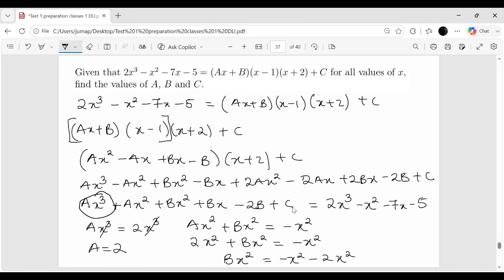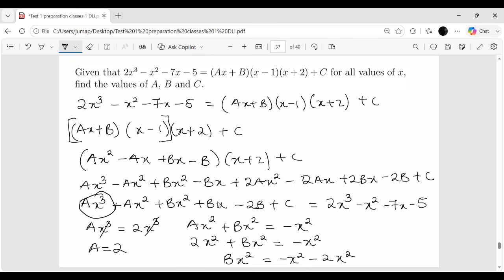Then now you have another component here, which is negative 2. Yes. Okay, let me just check.